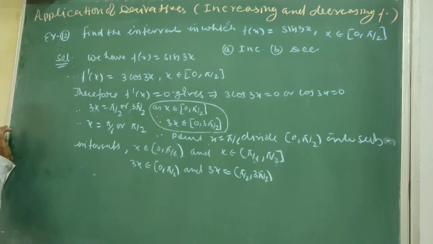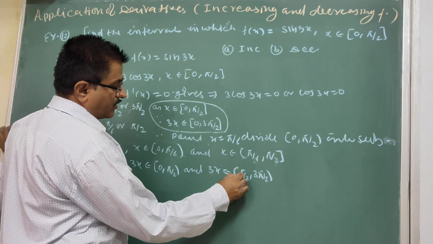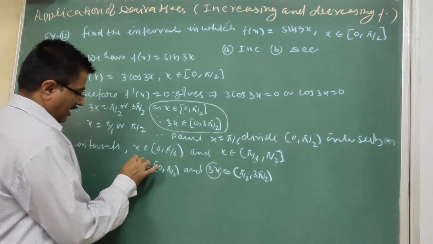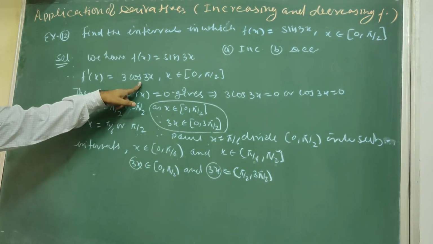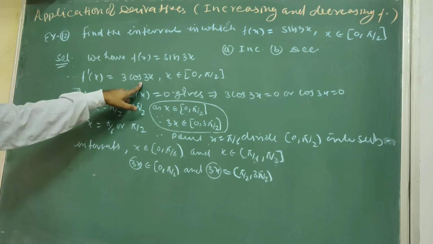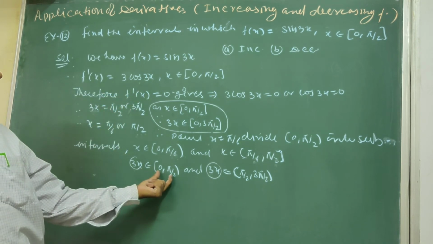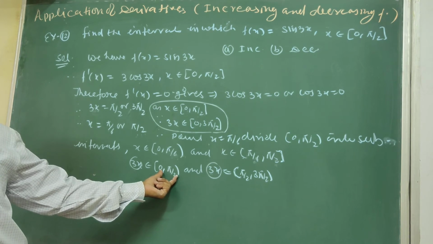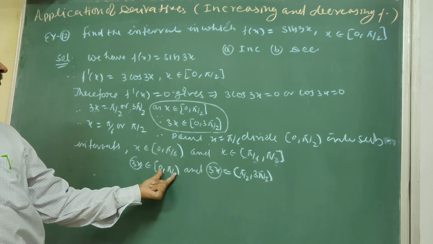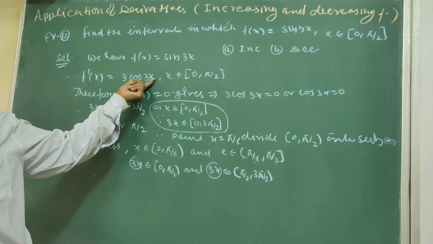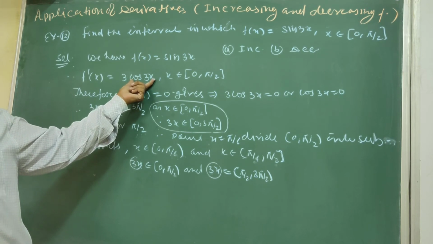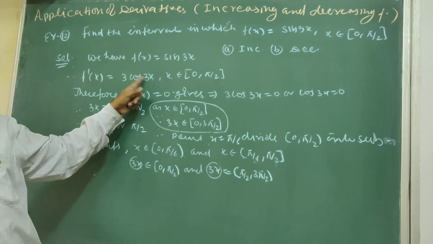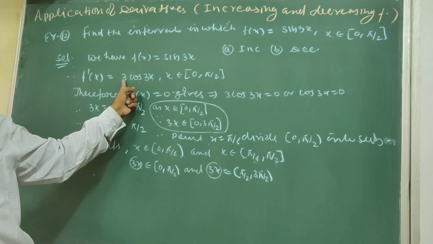Clear? So now this is our theta. So cos theta, when lying in the first quadrant, 0 to pi by 2, it is the first quadrant, and we know that in the first quadrant cos is positive. So positive into 3 is positive.